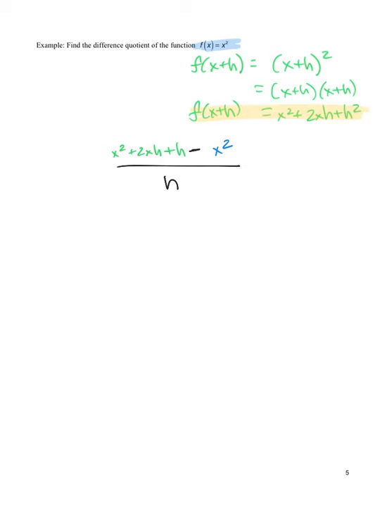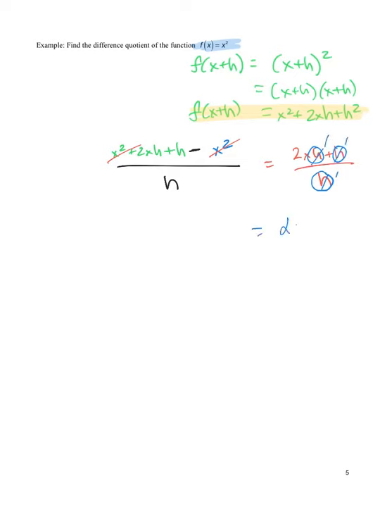Okay, so now let's see what we have. Oh, these are opposites. So that's just going to give me 2xh plus h squared over h. Now the question is, can I simplify that anymore? I sure can. I can simplify the h with each of these.